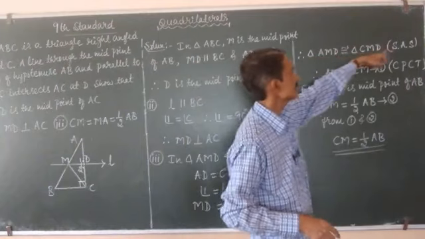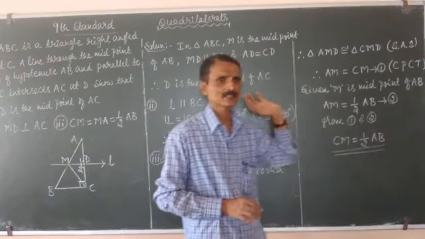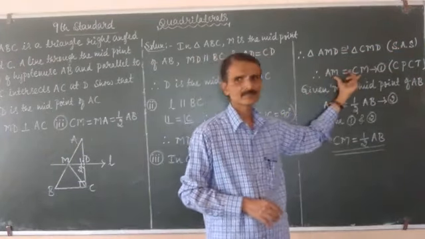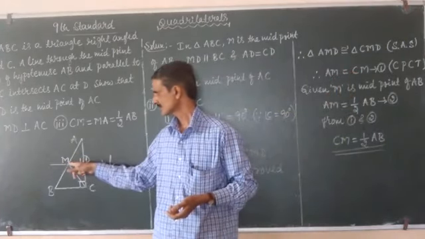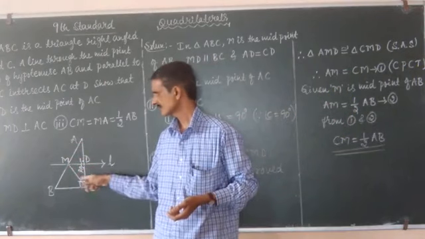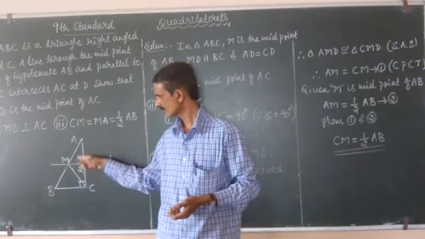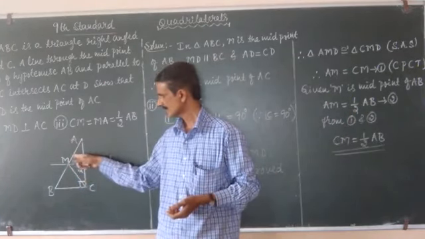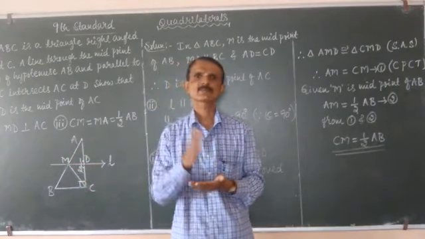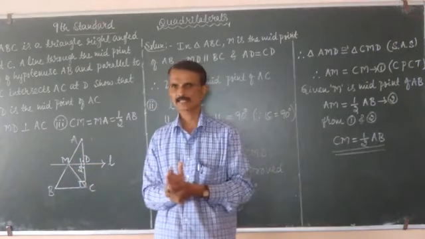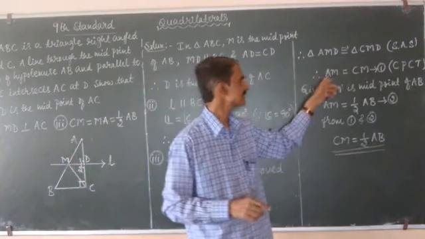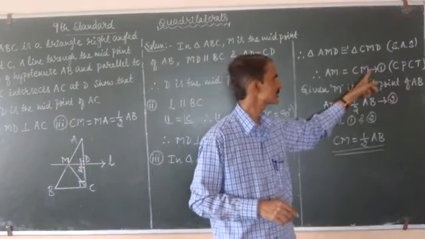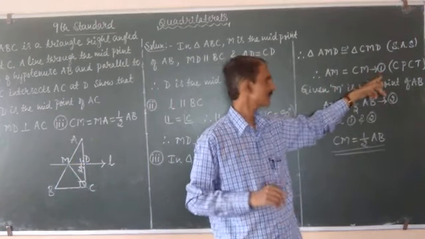So we can write AM is equal to CM, because these are corresponding sides of the congruent triangles. Therefore, AM is equal to CM. Call this equation number 1.